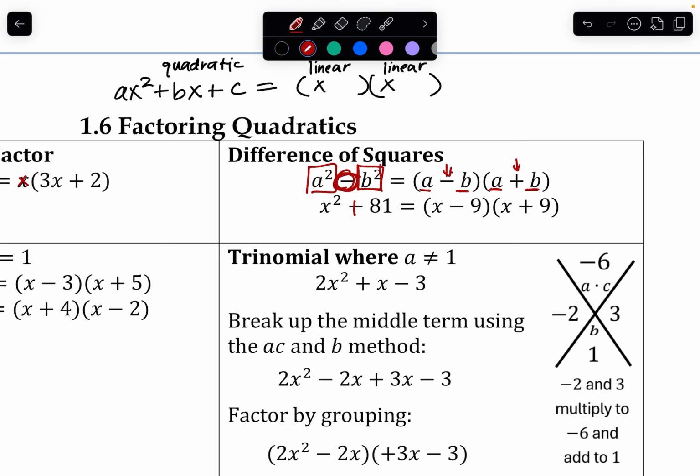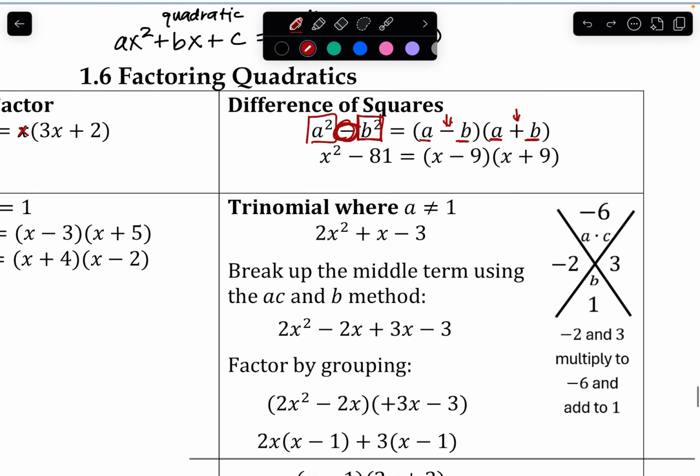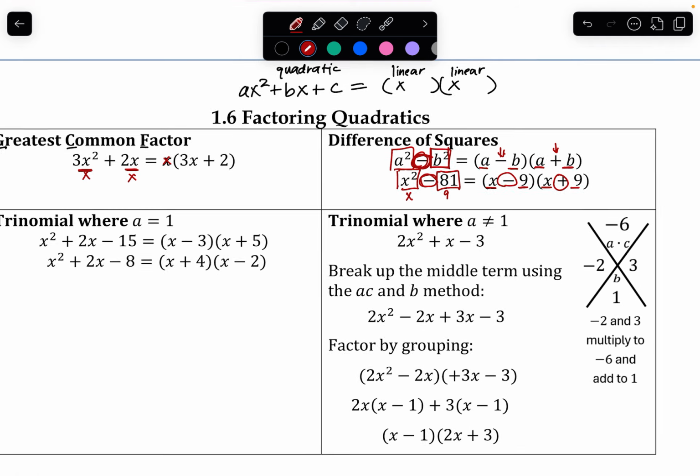If this were a plus sign, you wouldn't be able to factor it. It would be considered prime. So for example, x squared and 81 are both perfect squares separated by a minus sign. Square root of x squared is x, square root of 81 is 9. So we see the x and we see the 9. One gets a minus, one gets a plus.